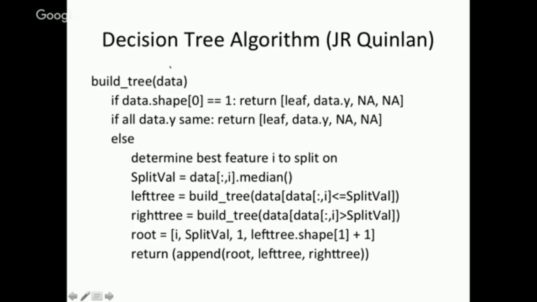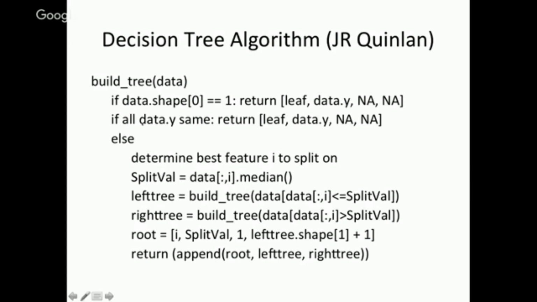When this function build tree gets called with data, which is the data we're going to use to build the tree, and by the way, this is structured as an ND array where each column represents a factor, and the very last column represents the label or the Y value.